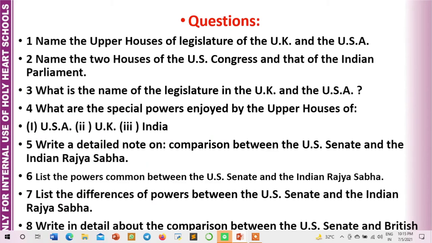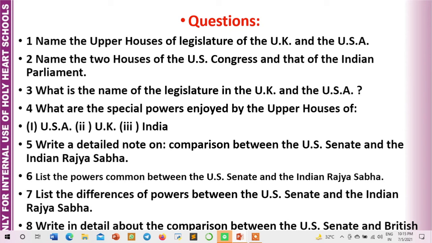Now, the topic related questions are: name the upper houses of the legislature of UK and the USA. Our full lecture was related to this topic only. The upper house of UK is the House of Lords and the upper house of USA is the Senate. Name the two houses of the US Congress and that of the Indian Parliament.